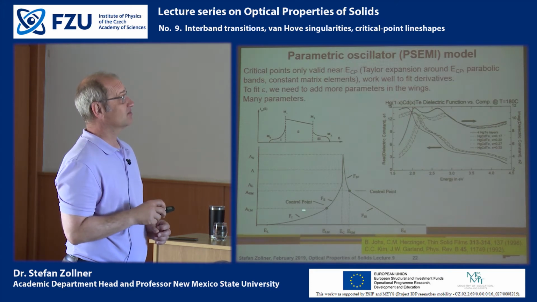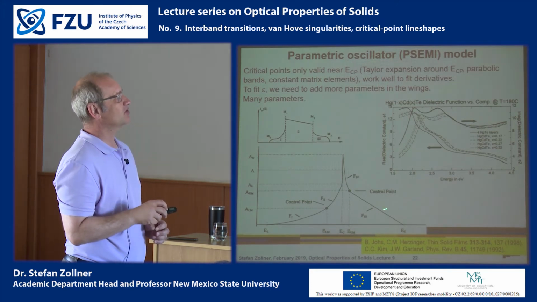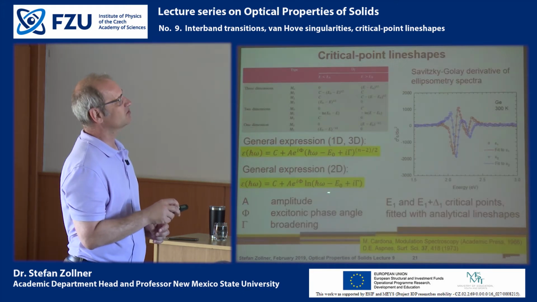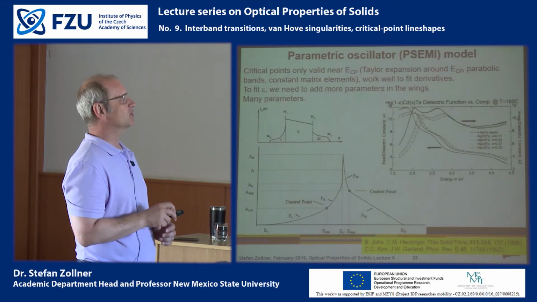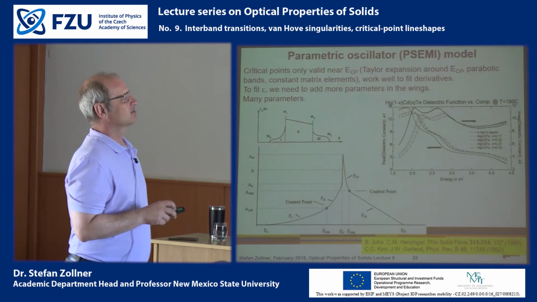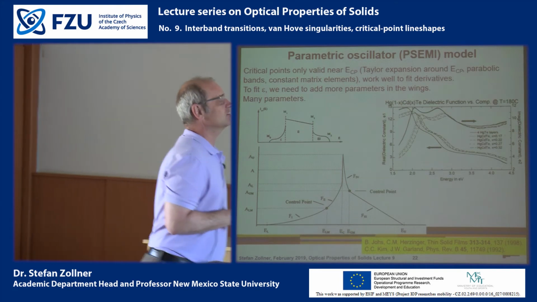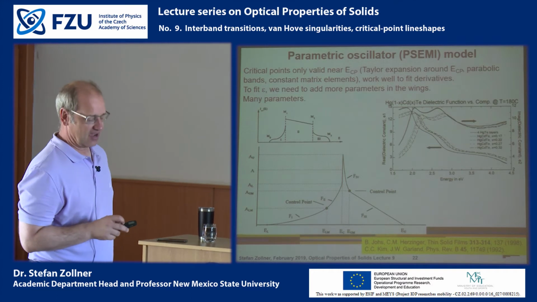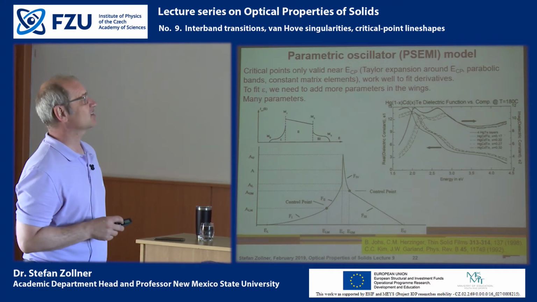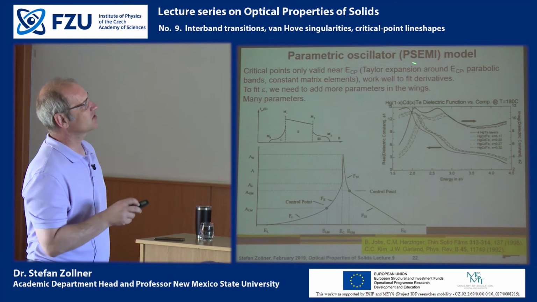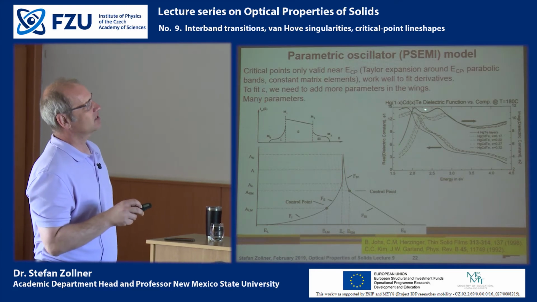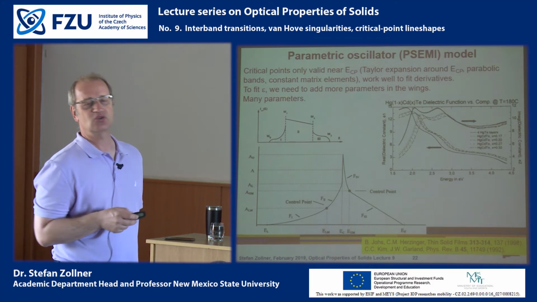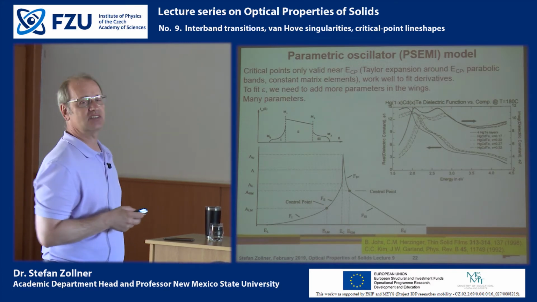But you would use about 10 parameters here for such a model, which is much larger than the 4 that we have in the critical point expression. But then the advantage is that if we use such a large number of parameters in a generalized critical point model, in this P-semi model, then we can describe the experimental data to any level of accuracy that we desire.